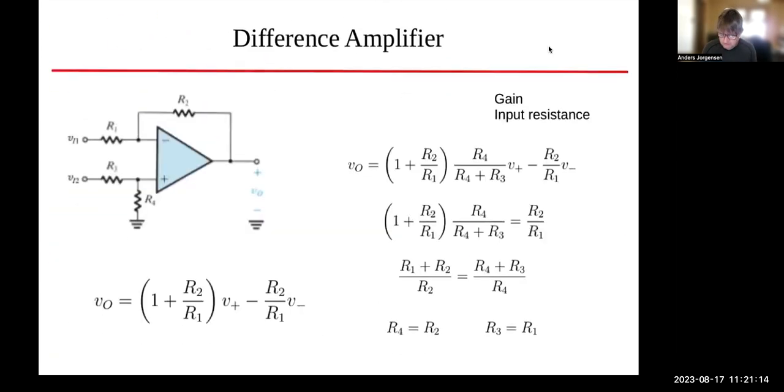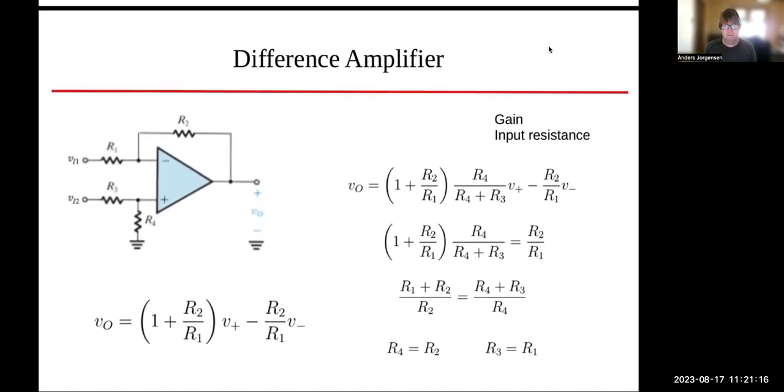Okay, we want to look at one more type of amplifier before we finish off here. That's what's called the difference amplifier. The two previous amplifiers take a single voltage and amplify that voltage relative to ground. The difference amplifier, on the other hand, takes two voltages, takes the difference between them, and outputs a voltage relative to ground, which is the difference of those two multiplied by a gain.